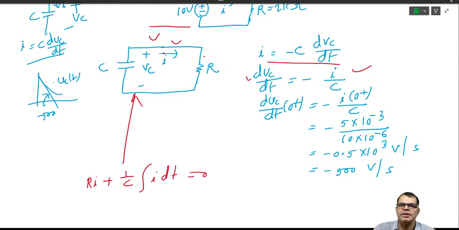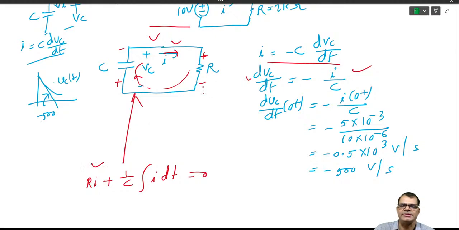When this current is circulating, this is positive, negative, this is positive, negative. Just traverse any of the ways and write the KVL and you will get these equations.